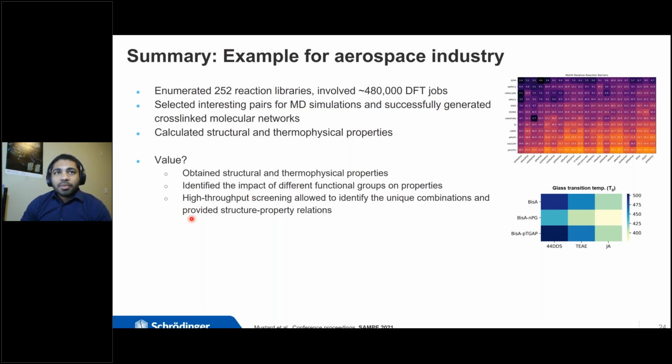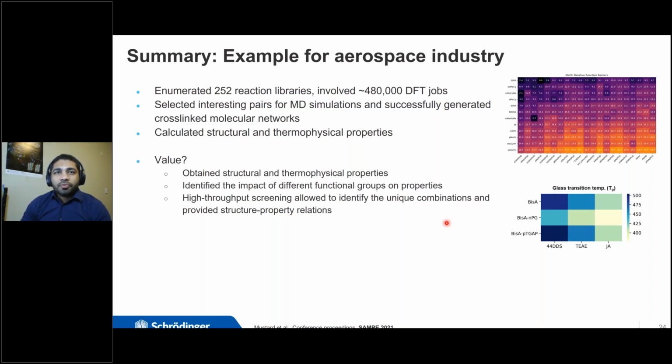And for the long-term benefit, because we did a high throughput screening of the epoxy-amine combinations, we can now identify the most unique combinations. And because we have a lot of data available, we can better understand structure-property relationships from these data sets.